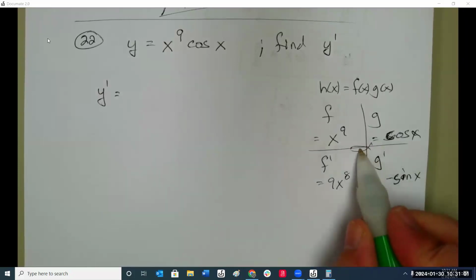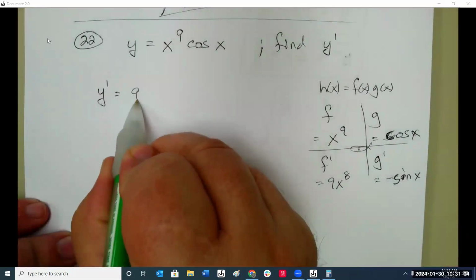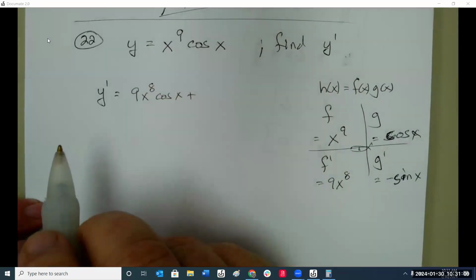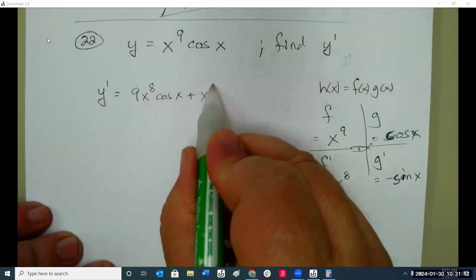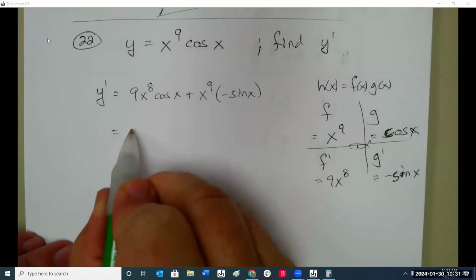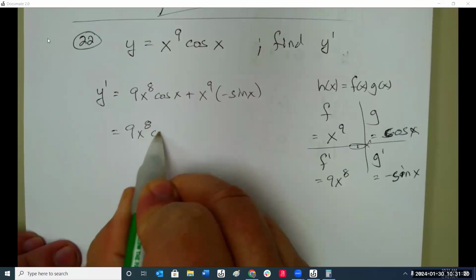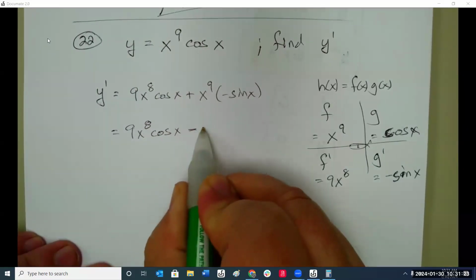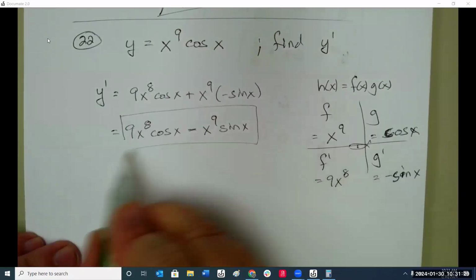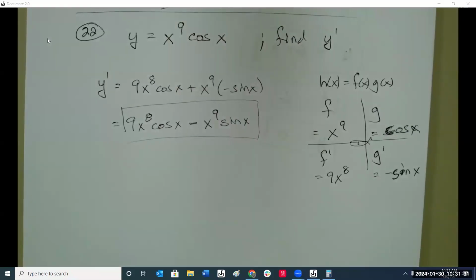It's a product rule, so we add: 9x to the 8th times cosine x plus x to the ninth times negative sine x. Pretty easy so far.